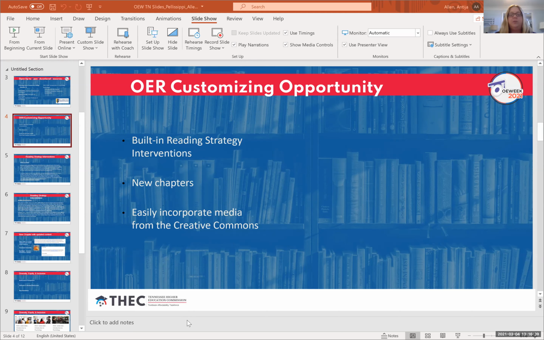And so what we did with this OER text is we were able to implement reading strategies within that. We're also able to then take in new chapters for more inclusivity and adjust chapter content and update it for more inclusivity. And then the ease of using the Creative Commons, for example, and incorporating updated materials and images has been wonderful. Slide.